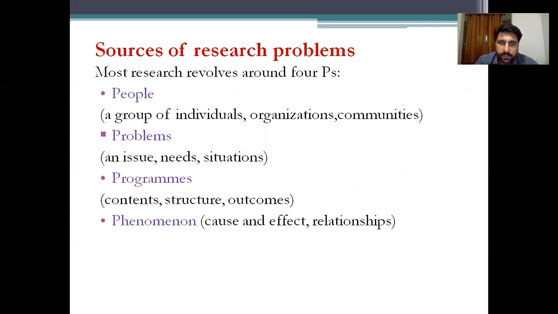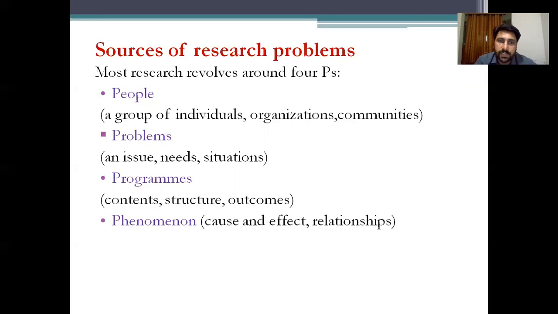People can be a group of individuals, organizations, communities, patients, participants of a study. A problem can be an issue, a need, a situation, a disease, a microorganism, or a part of the microorganism which is creating a problem, or an issue to be addressed.